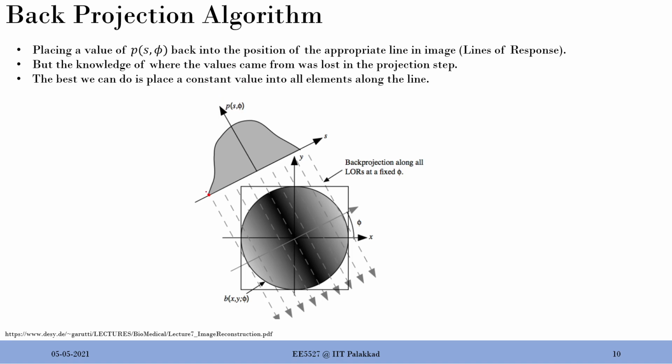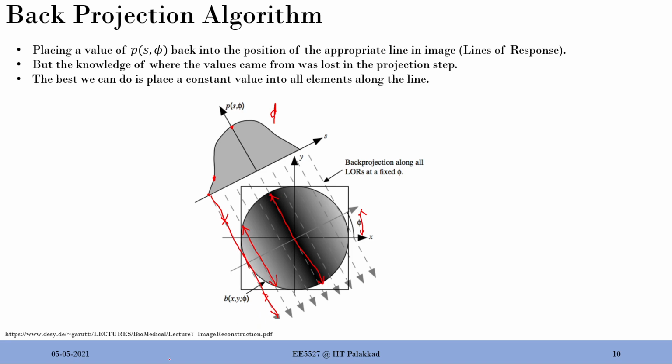So this is one value, right? P of s comma phi, this is one value for a particular angle, of course. Given a particular angle phi, this is that angle, right? So this is the observation that I have. Now what I'm going to do is back propagate, so the same value is kept throughout the image. This is the image plane, and in the image, if you see, the same value is projected. Similarly, this particular intensity forms throughout this region.